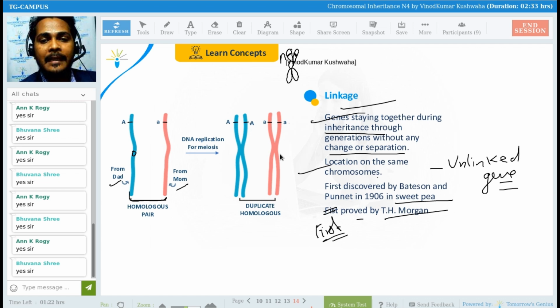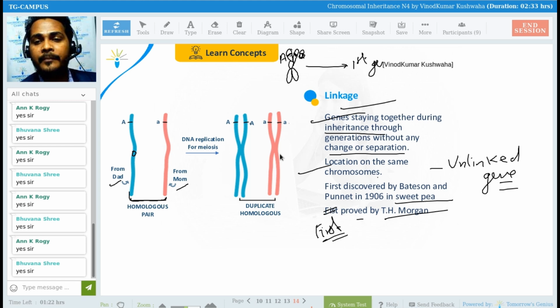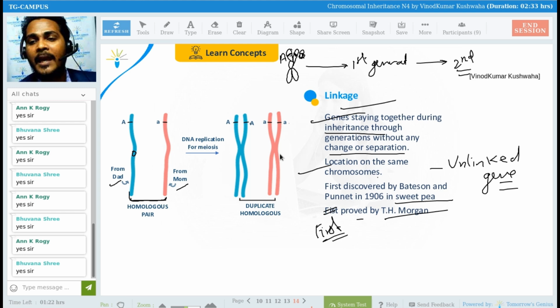This is allele A and this is allele B. Just consider these both are genes. So these genes have to be together throughout the generations. This is the first generation, this is the second generation. If these two genes are linked throughout the generations, it is called linkage.